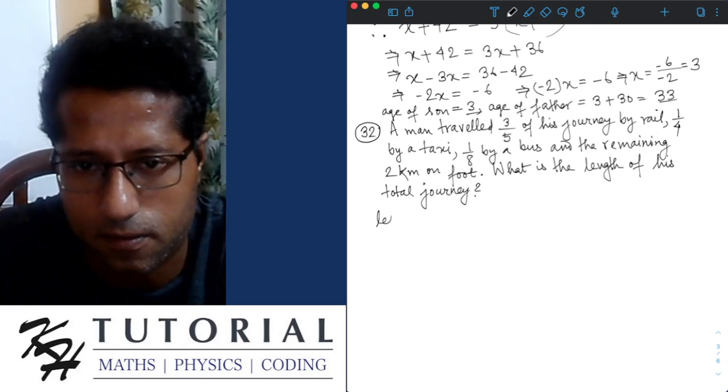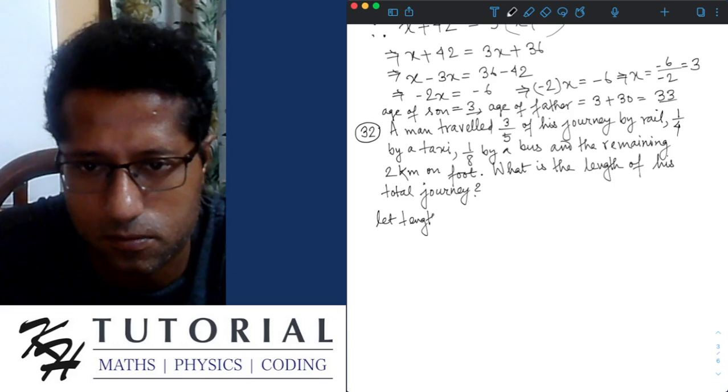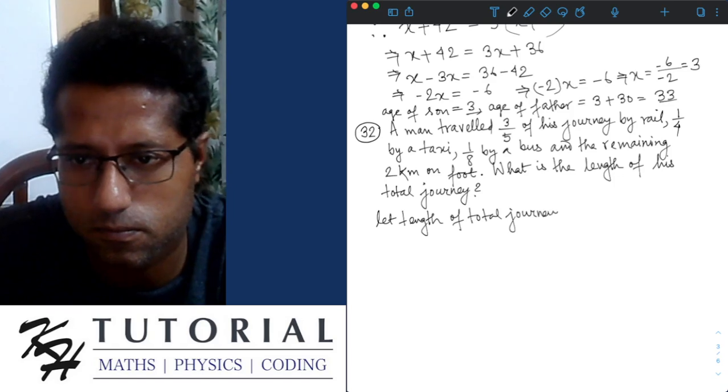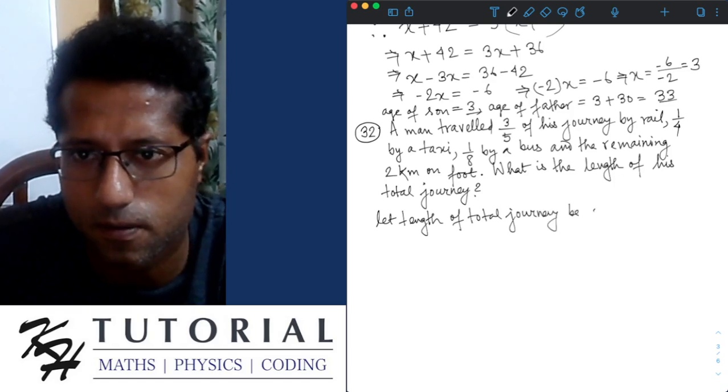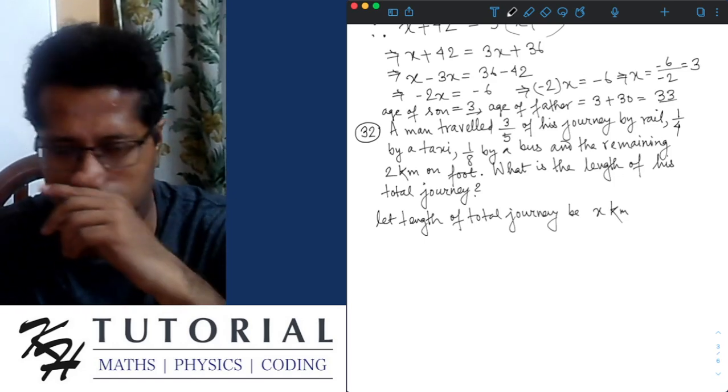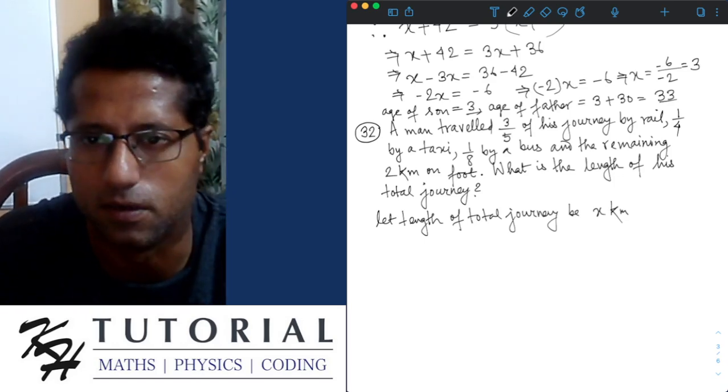Let the length of total journey be x kilometer. Since the unit is given in kilometer, let the length of total journey be x kilometer.